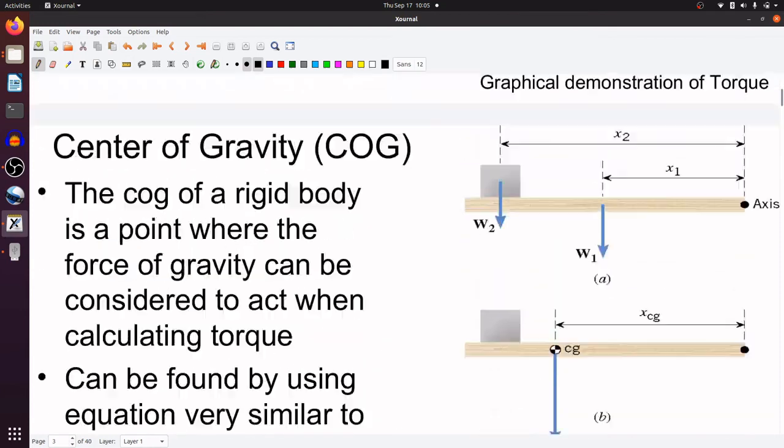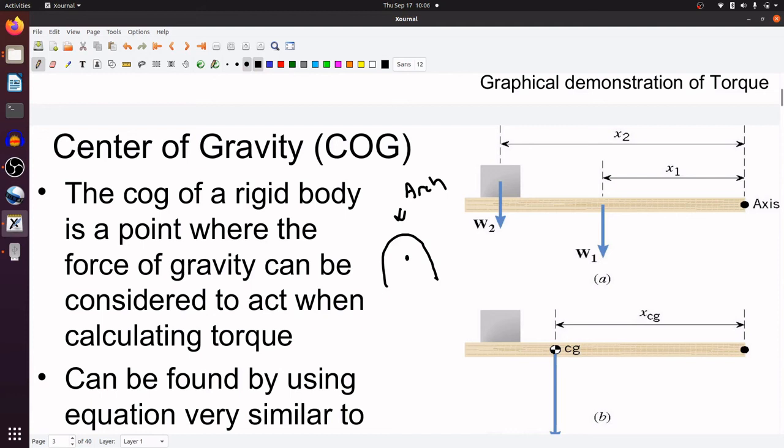You can find it using an equation very similar to the center of mass equation from chapter 7. The center of gravity is not always in an object. For example, take the St. Louis Arch. The center of gravity is somewhere in between, so it doesn't always have to be embedded in an object. But one important note is an object will balance at the center of gravity.